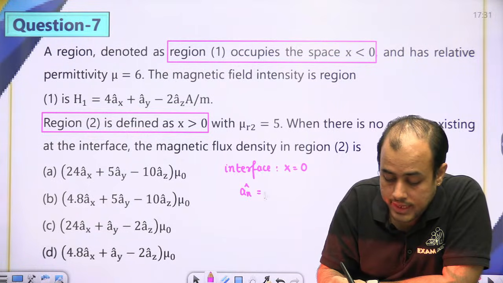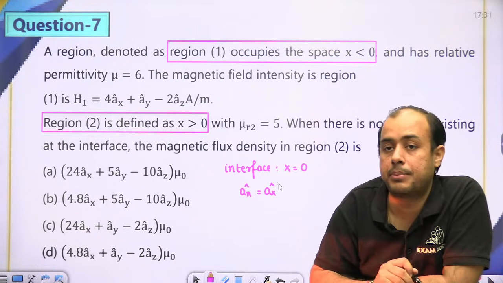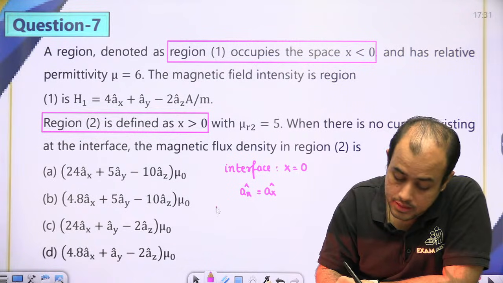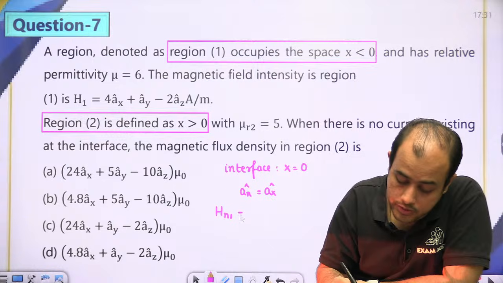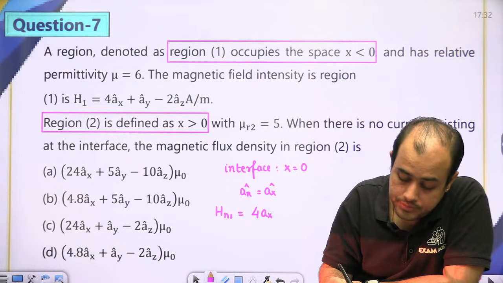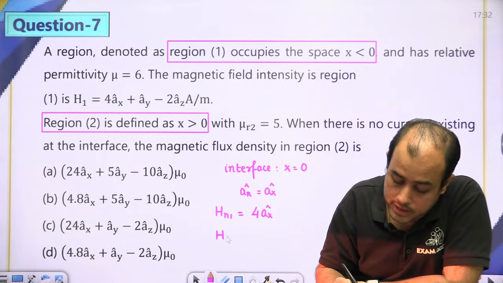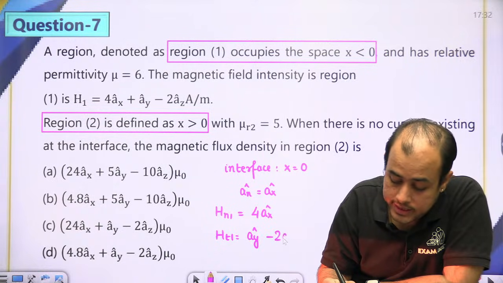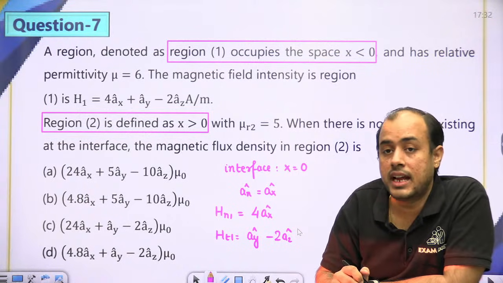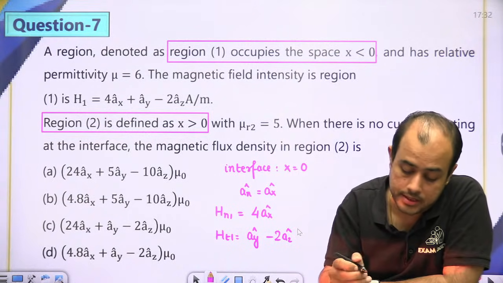So normal direction is ax cap. ठीक है. So what is Hn1? Hn1 is 4ax. What about t1? The remaining component. How to find the tangential component? Subtract the normal from the total.